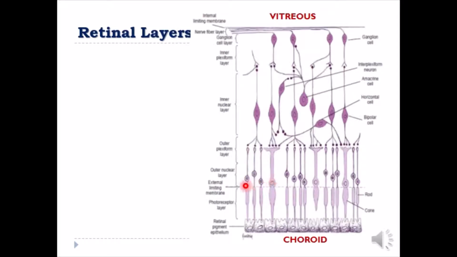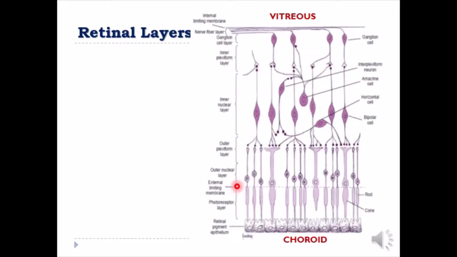The junction between the inner segment and outer segment of the photoreceptor cells is the external limiting membrane. So retinal pigment epithelium, photoreceptor cells, external limiting membrane. So what is the external limiting membrane? It is the junction between the inner segment and outer segment of photoreceptor cells.